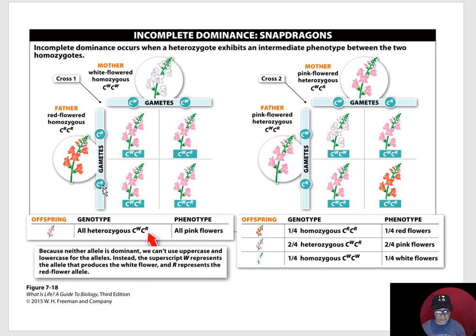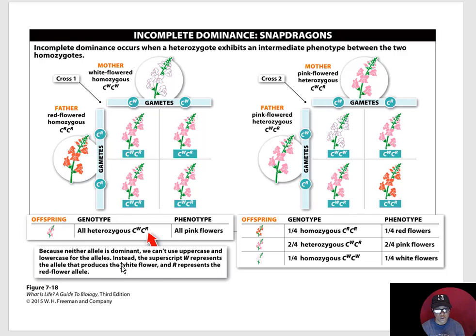So I don't want you to think there's some magic with W always represents this or R always represents that. It isn't. So you would have to look up what type of expression that gene has and what letter is being used for the different alleles of that gene, okay?